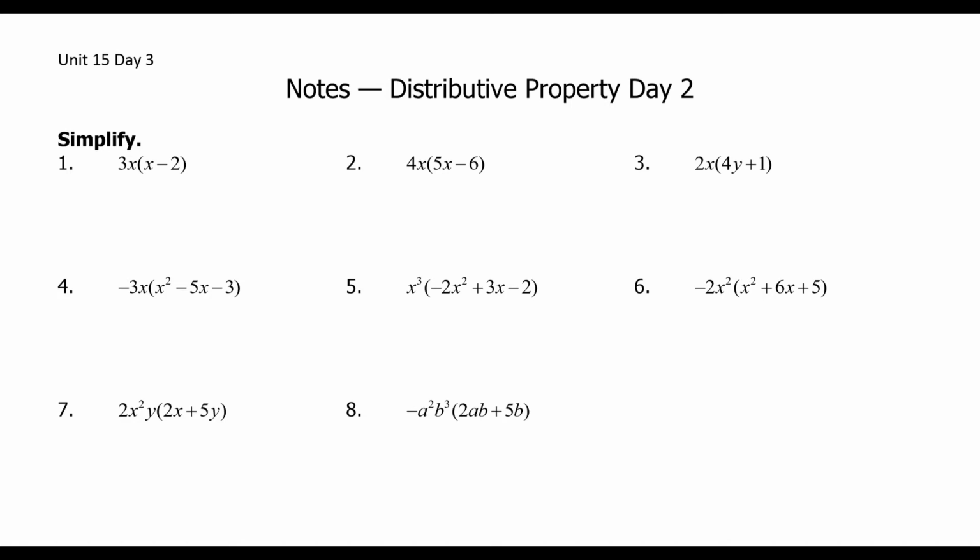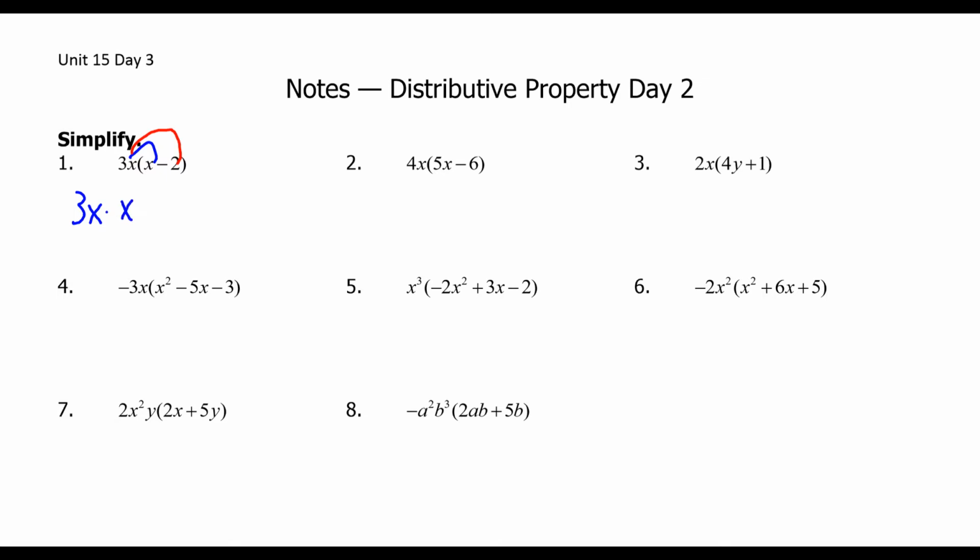Alright, I'm going to start off by showing you all the actual inner mechanics of this and how it actually works. So, here's how number 1 actually works. We're going to go 3x times x, and then we're going to do 3x times negative 2. Now, you don't have to write out all this work that I'm about to show. You just need to know how to get to the punchline.